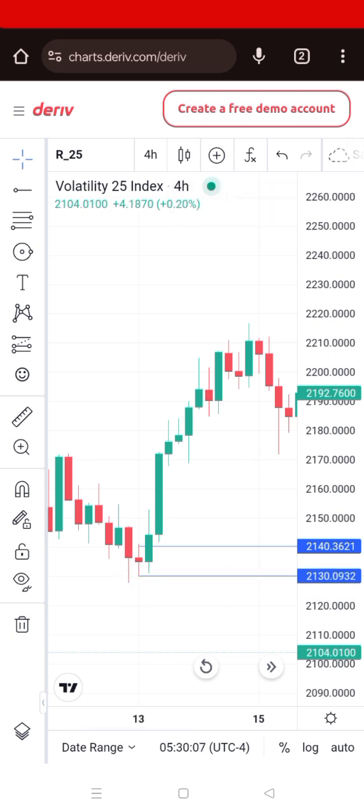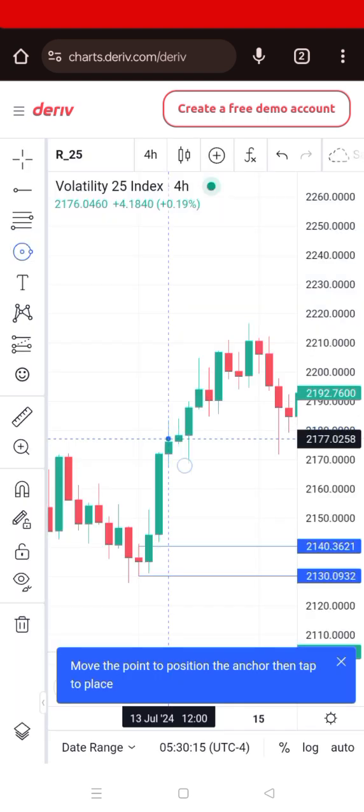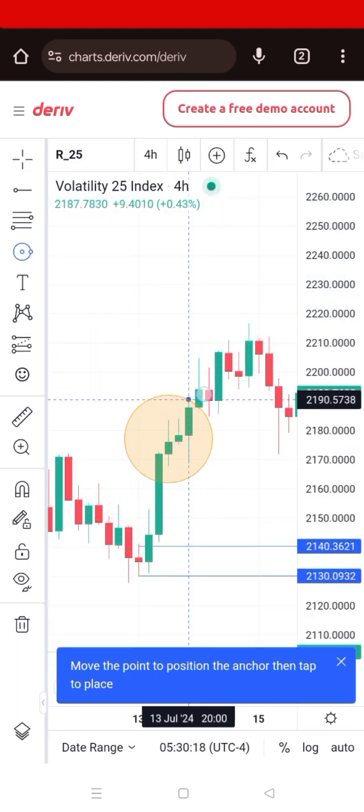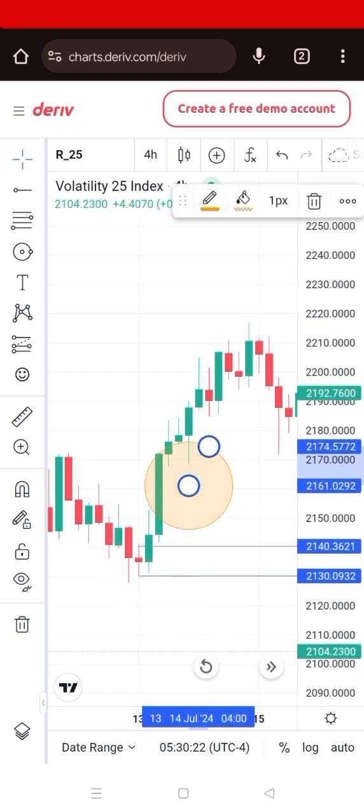Based on that, you can see that candlestick has been completely engulfed by the next candlestick, which is the bullish candlestick, showing we are now proceeding to an uptrend.